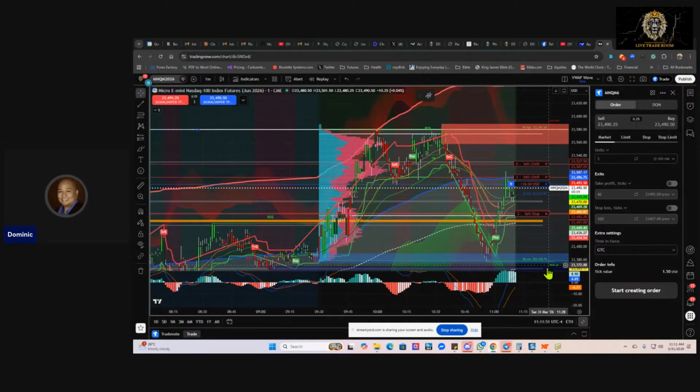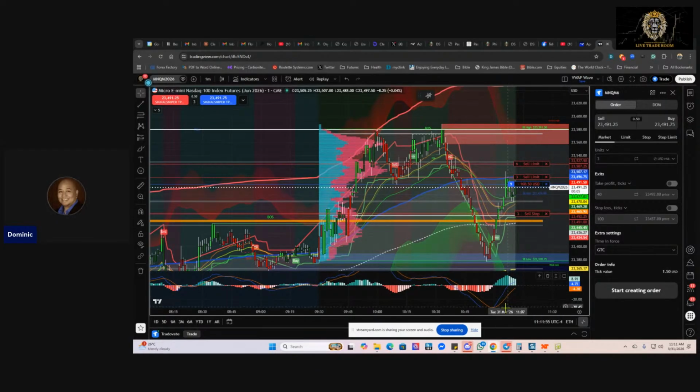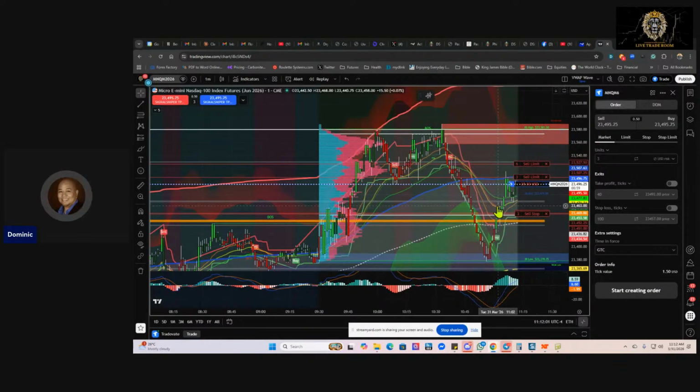You can see where, look at the MACD, still wide. So let's see if we can get past this +1 deviation. You see this pullback, and then hopefully it continues to the upside.